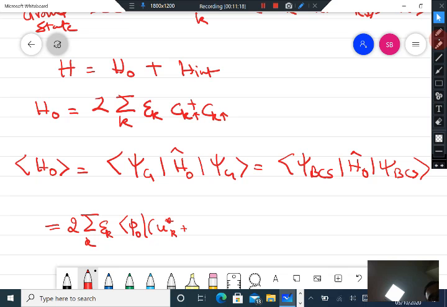Uk star plus, so this is the complex conjugate of the above psi BCS, so this will be vk star, and the order of your operators will change, and being Hermitian operators, you have to also follow these.